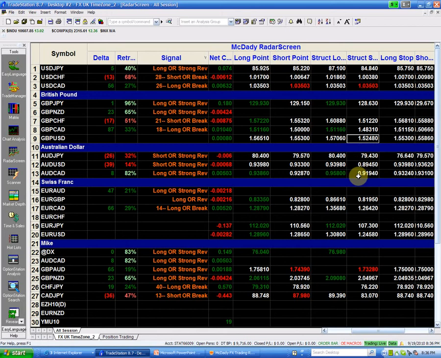If somebody caught me in a mistake, write it down. So 156.51 we're going to go long. Our structure long is 157.06. Our long stop is 156.30.